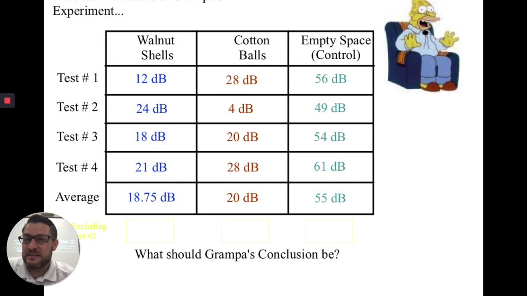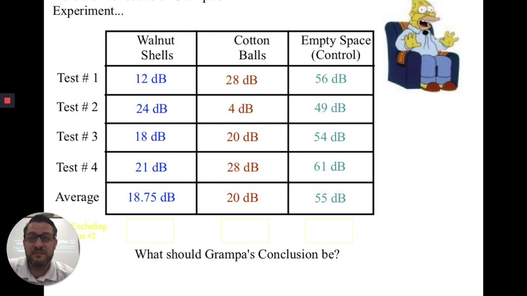Something you might want to consider is that when you look at those two measurements, the difference is only about 1.25 decibels. And humans really can't hear the difference between 1 or 2 decibels difference in sound level. So you have to ask yourselves, is this a significant difference, a significant change between each other?